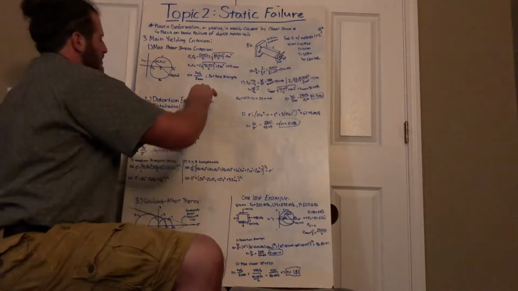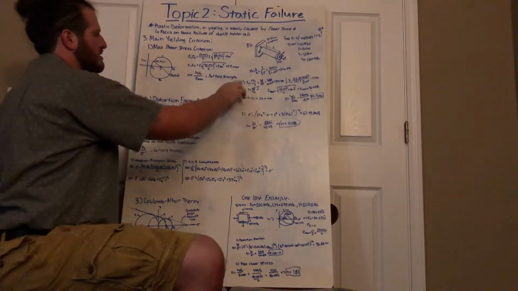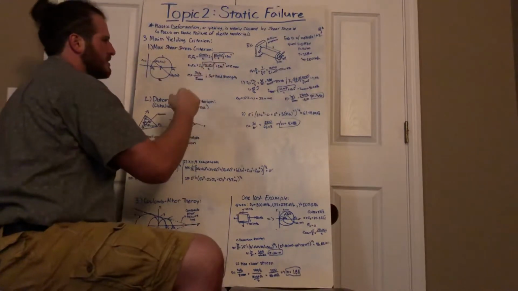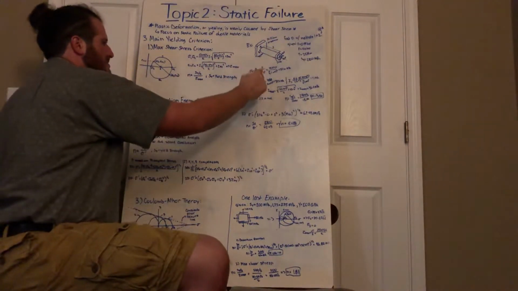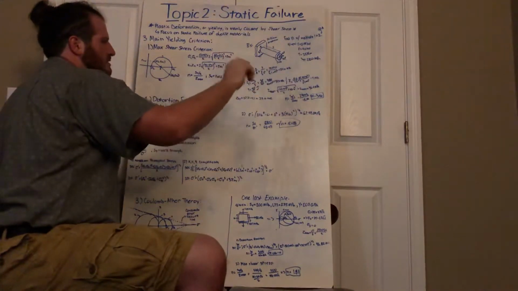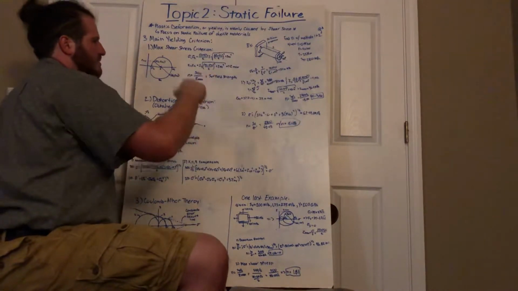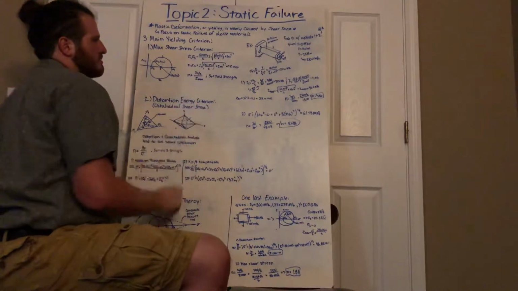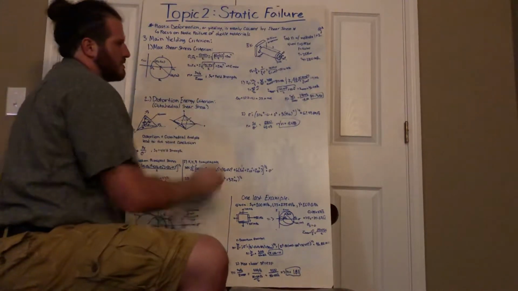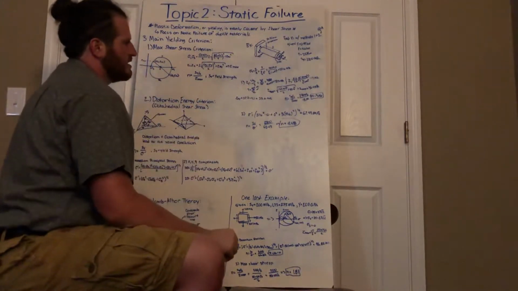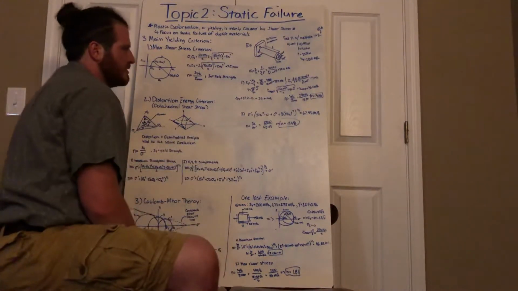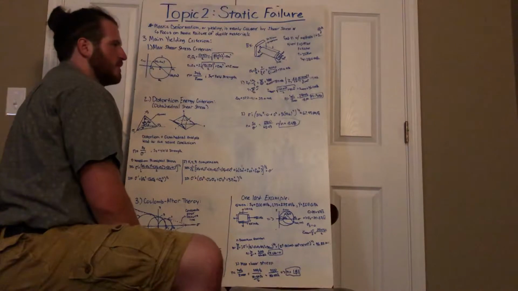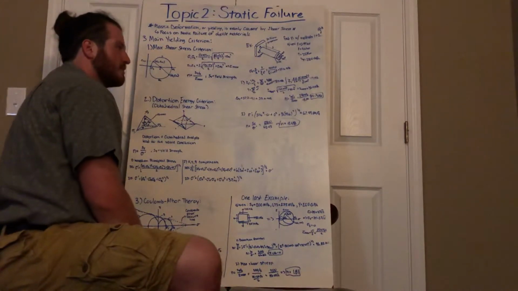First, we know that we have a shear stress caused by shearing and a shear stress caused by the torsion. The shear stress caused by the torsion we can find by this equation here, which would be T times D over 2 over J. Now, J equals pi D to the 4th divided by 32.